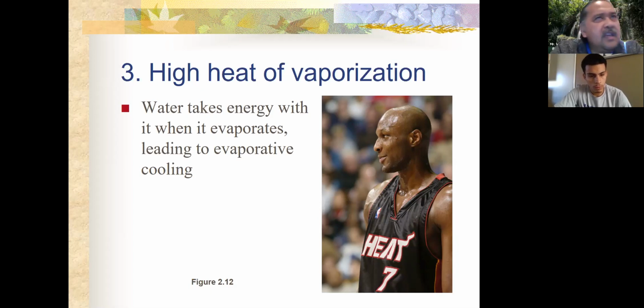Some organisms will do this a different way, like birds. Flamingos, you might think of a flamingo standing on one leg. I used to work at the zoo, and before we even got to the flamingos, you could smell the flamingos.